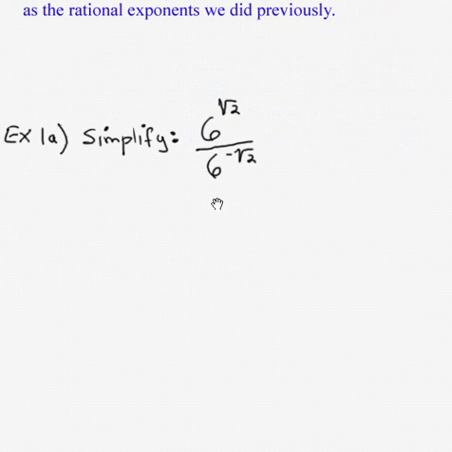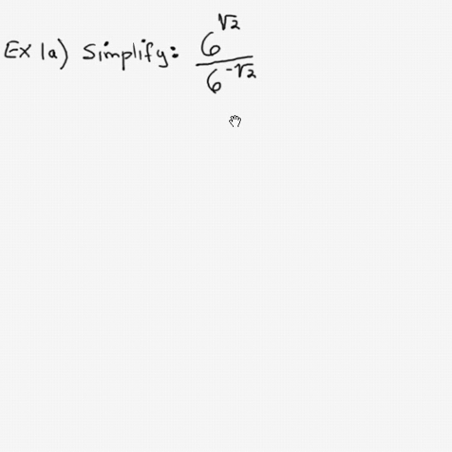So let's look at our first situation involving irrational exponents. Square root of 2 is my exponent. And before you get all worried about it, let's remember our properties of exponents. These bases are both 6. We are dividing.